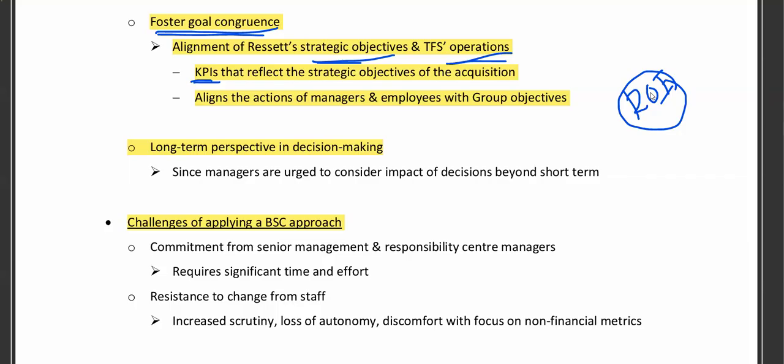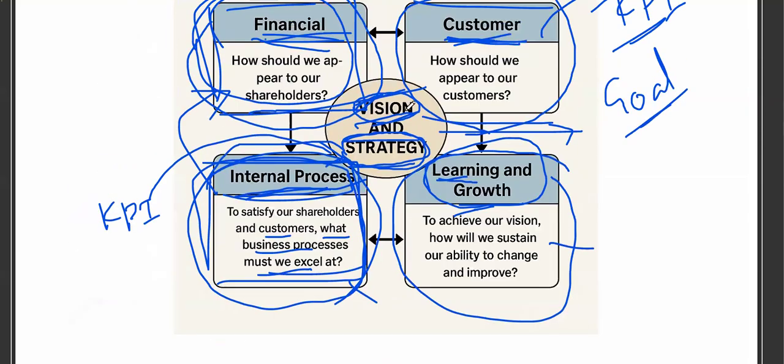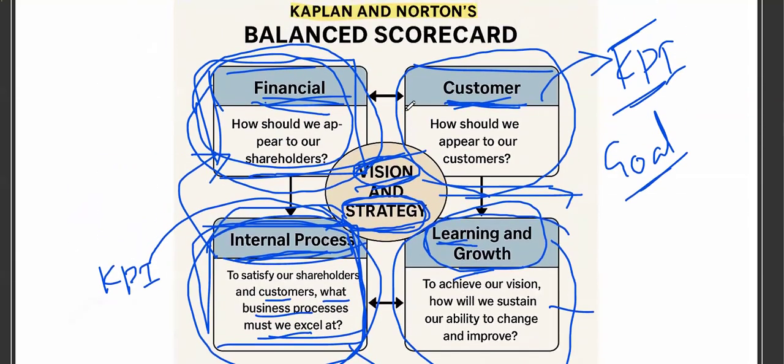That leads to short-termist decision making. And when you focus not only on the financials, but on the broader aspects of performance, it eliminates the focus on short-termism and encourages a focus on long-term decision making.